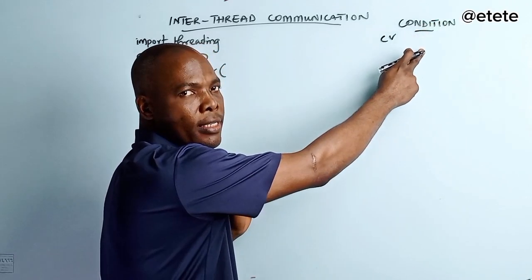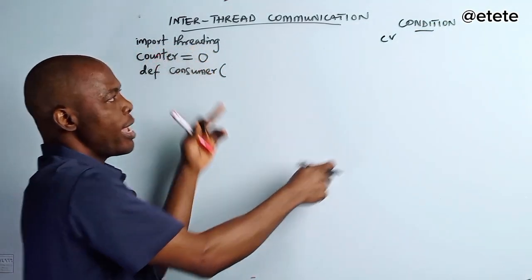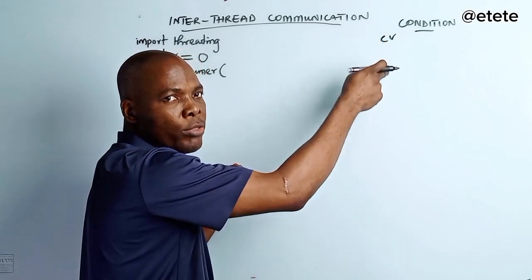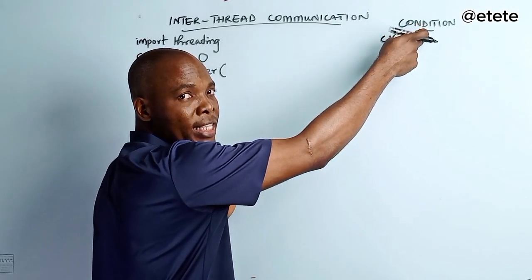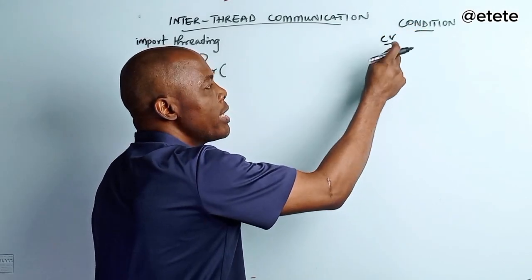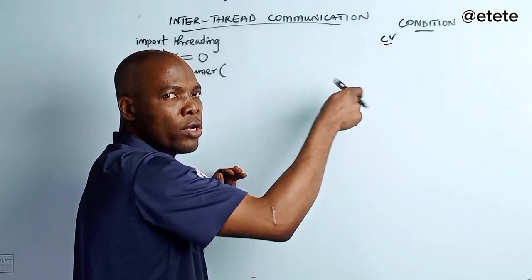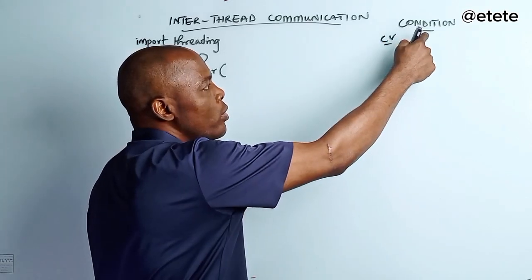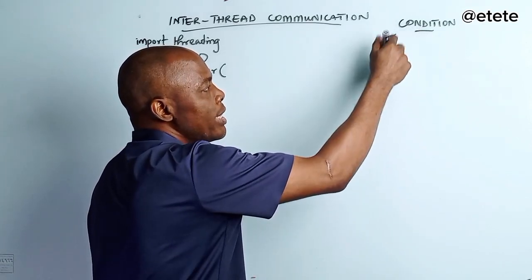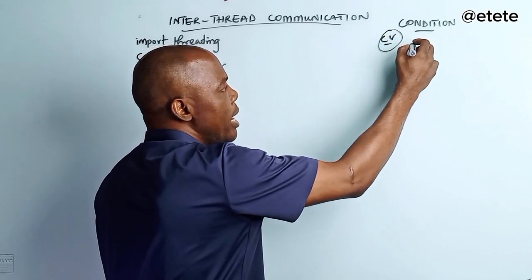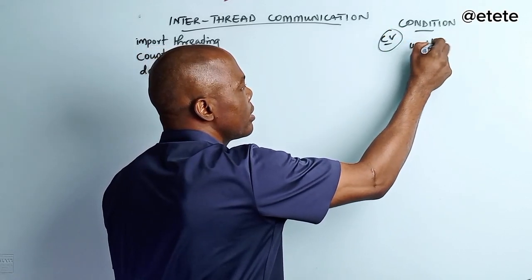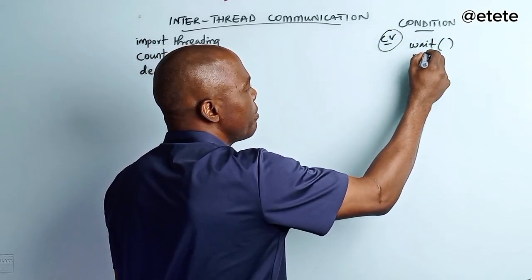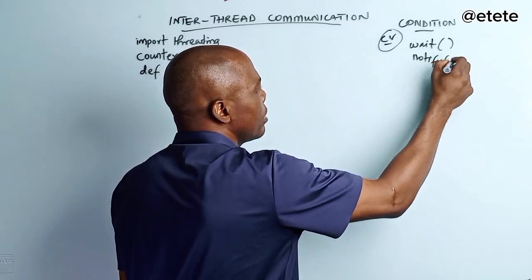is a class in the threading module. And then I'm creating an object for this class that will instantiate this class, which is this CV. Now, the reason why I'm creating this CV is because I need certain methods, behavior inside this class that this object will implement. And those are what? The wait method and the notify method.